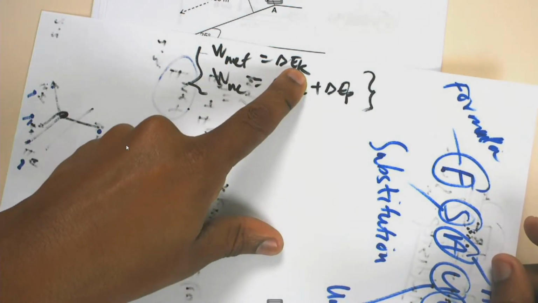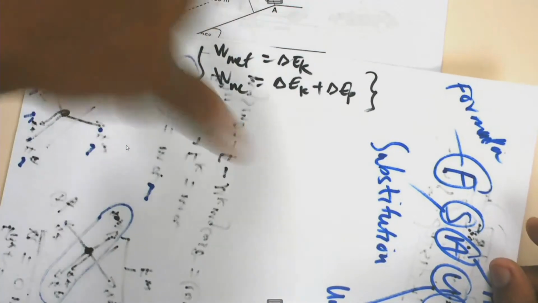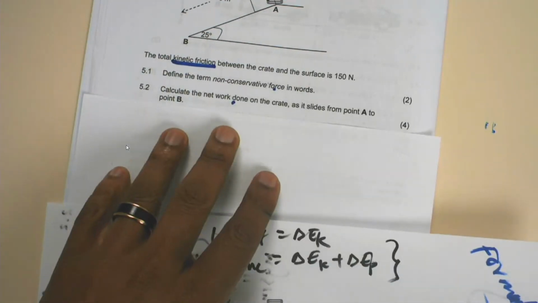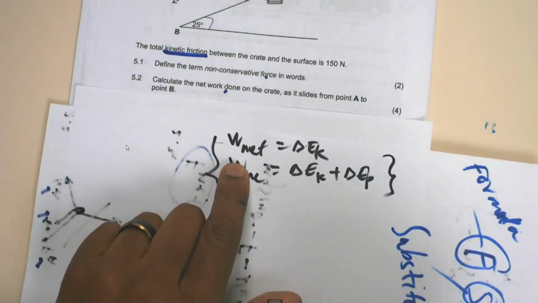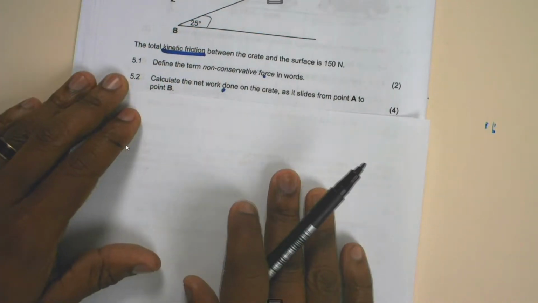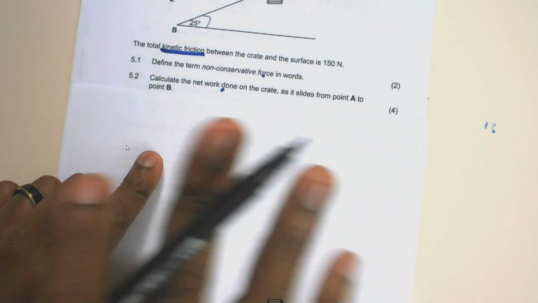But this was just an option to outline what is being asked. Now I am being asked to calculate the work net, so the only option I have is this one, or calculate for the individual forces. So I am going to calculate the work net.